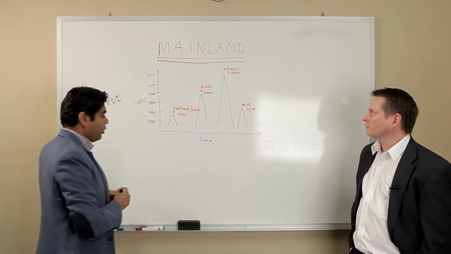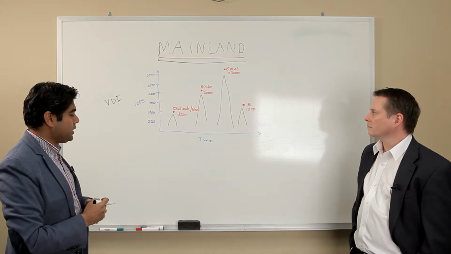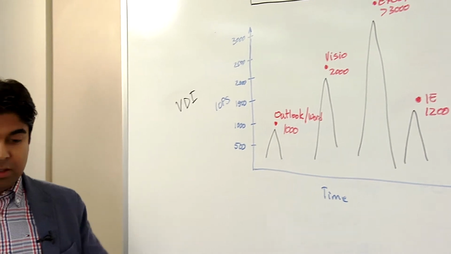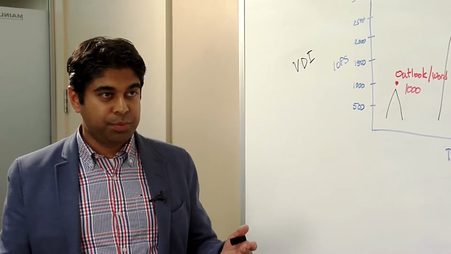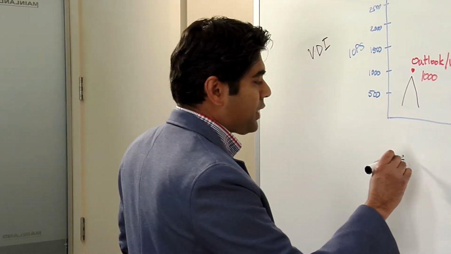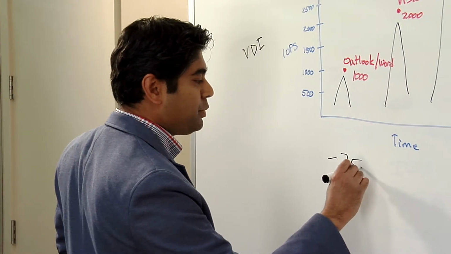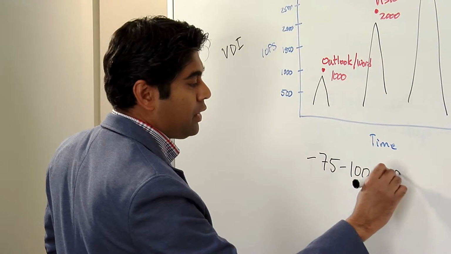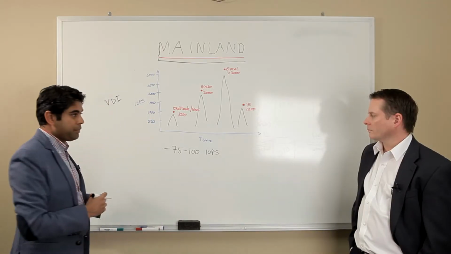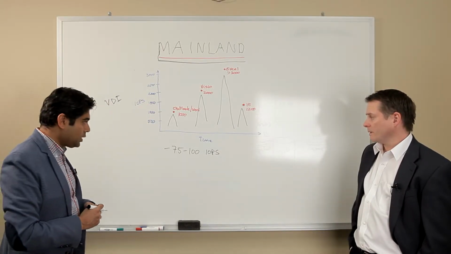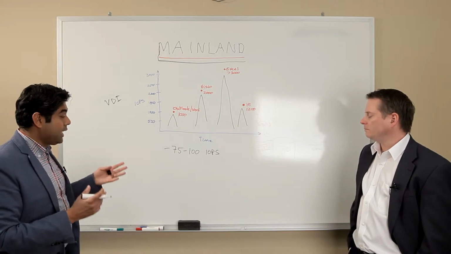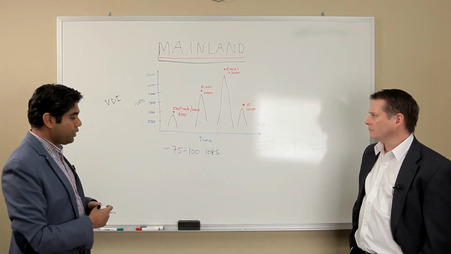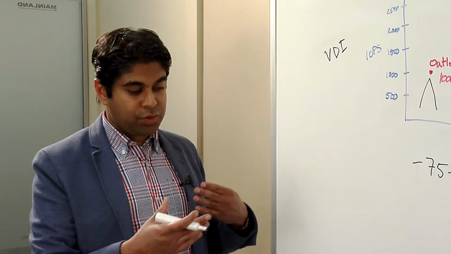Nevertheless, the point I'm trying to make is where people were architecting virtual desktop infrastructures for below 50 IOs per second, typically, today the more modern number to be used for each desktop would be about 75 to 100 IOs per second. And that's per desktop? Yes, correct. 75 to 100. And the reason for that is also because people are now expecting a much shorter response time.